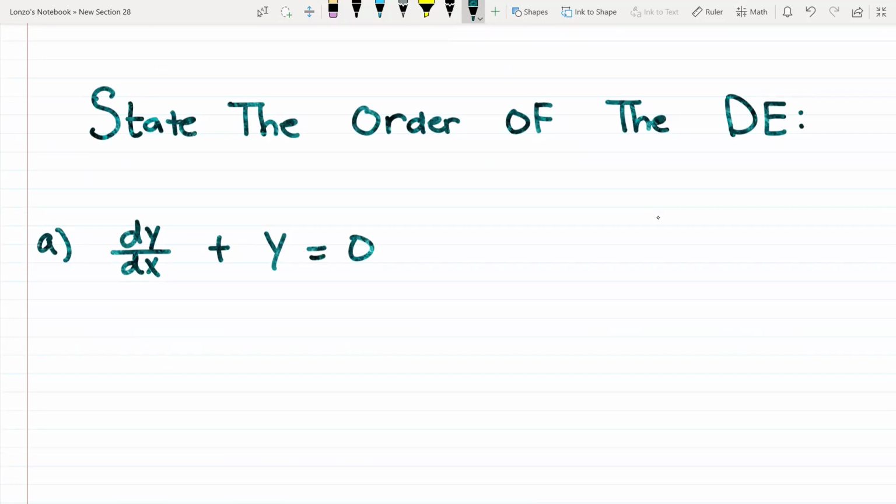So on A, how do you know the order? Well, it's not the highest power, it's the highest derivative. So dy dx is the first derivative, and this is to the power 1, so this would be first order.